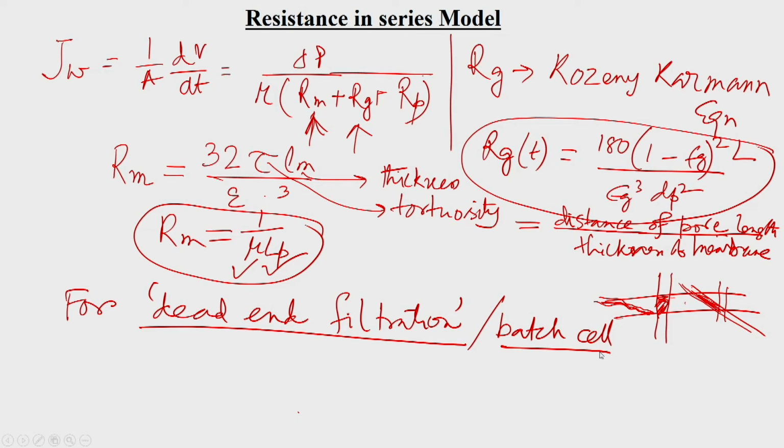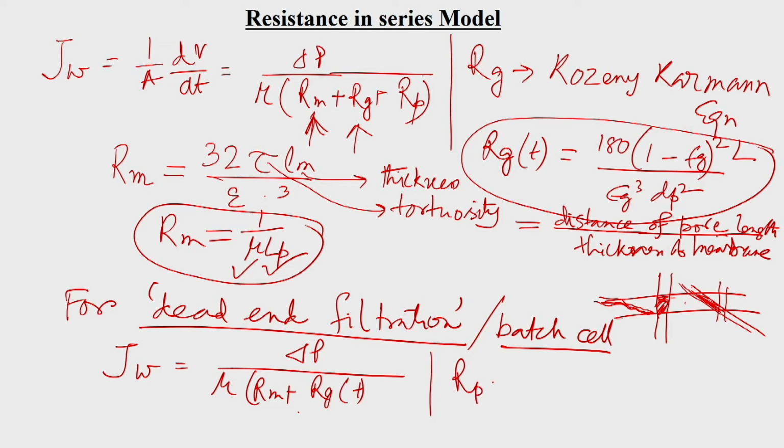So, we can use J w is equal to delta P by mu into R m plus R g, where R g is a function of time. Here R p may be neglected. Okay.